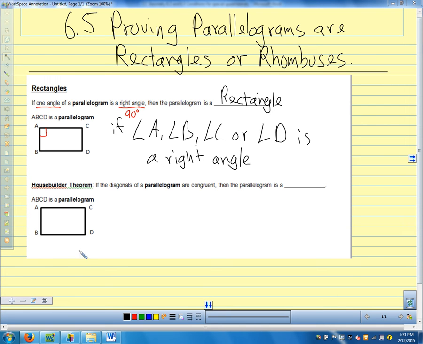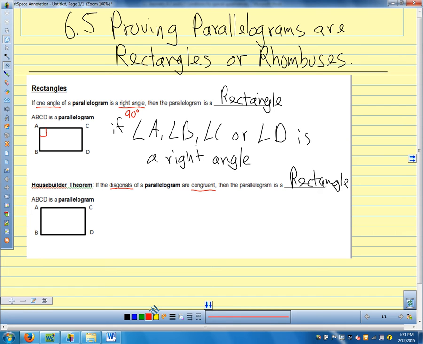All right, the next one we call the house builder theorem, and I'll talk about that in just a second. If the diagonals of a parallelogram are congruent, then the parallelogram is a rectangle. Diagonals, where do we draw the diagonals?